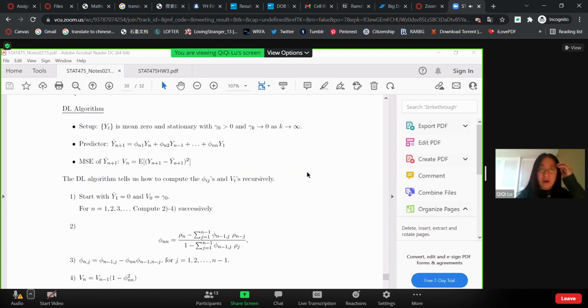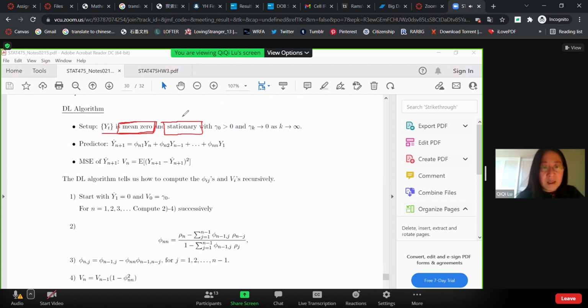Now, the DL algorithm can be applied when Yt is mean 0 and stationary. If you have a stationary time series with mean 0, you can apply DL. If the mean is not 0, that's okay, you subtract the mean to make a time series with 0 mean.